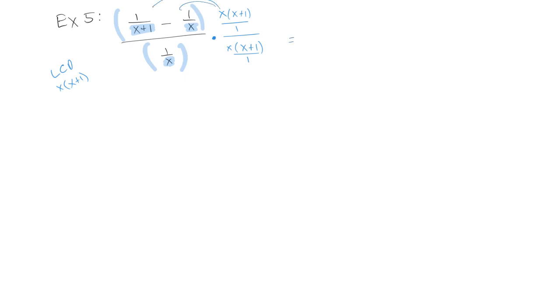Okay, we're going to distribute that up here. So we would have x times x plus 1 all over x plus 1. Those are going to cancel. Then we're going to have 1 over x times x plus 1. So up here we would have 1 times x plus 1. And those x's divide out to just 1. And then down in the denominator, we've got x times x plus 1 in the numerator and an x in the denominator, and our x's cancel.